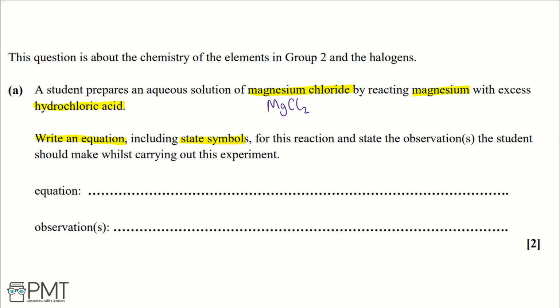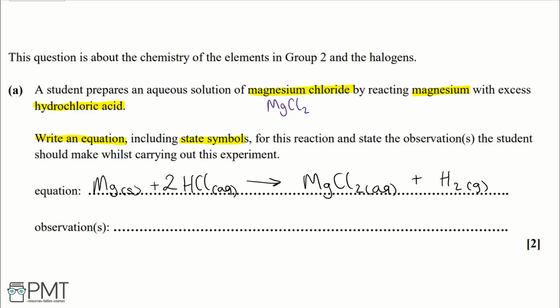So we're going to have Mg, or magnesium, which is a solid, with hydrochloric acid, which is aqueous, and we're going to produce magnesium chloride, MgCl2, which is aqueous also. And then we're also going to produce hydrogen gas. And finally, we need to balance the equation by adding a 2 in front of our hydrochloric acid.